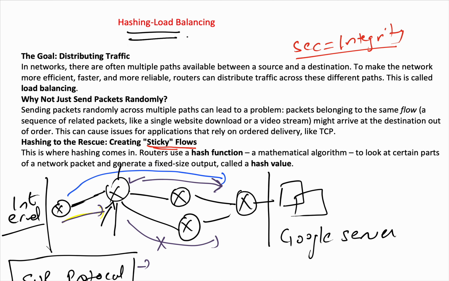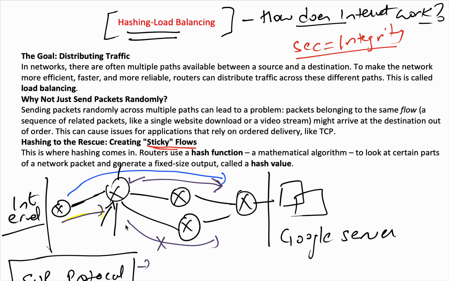This is very different from the other hashing that we have heard about. A lot of you might not be able to relate, but this will help you understand how the internet works. The internet can have a number of protocols in between.